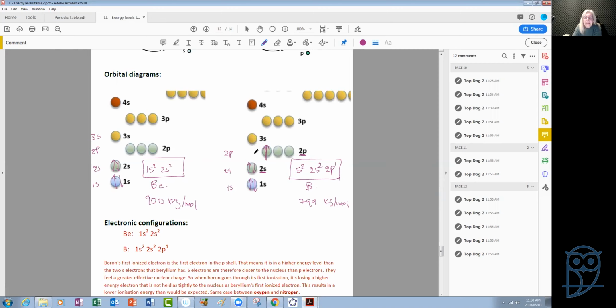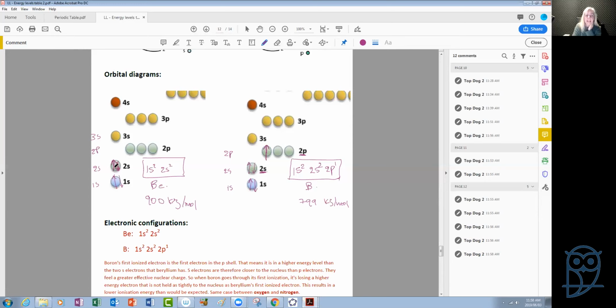which means it is so much easier to remove this electron than an electron from the 2s orbital, which, look at this 2s orbital of the beryllium. It has its 2 electrons, which makes it quite stable because this last orbital is complete with a pair of electrons.